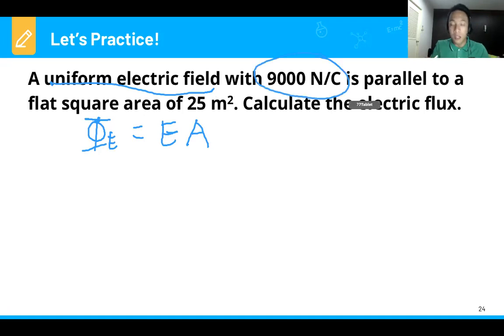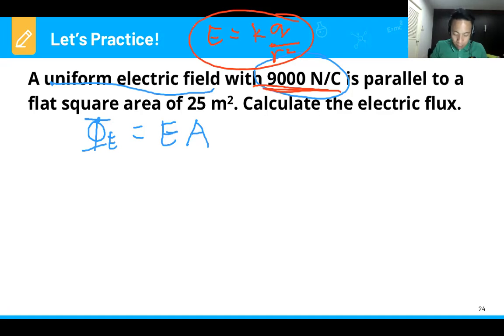So we will not do this kind of solution that we did last time. Last time, our formula is like this. E is equal to K, the charge over the distance squared. Right? This is the formula for the electric field. But here, we already have the electric field itself.